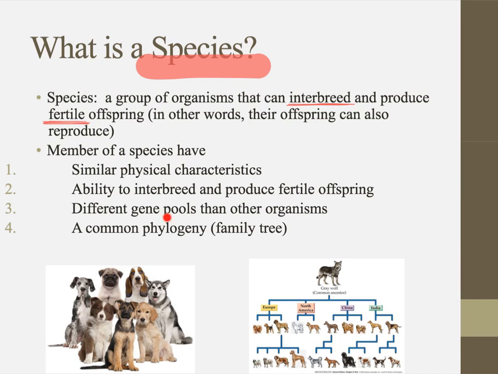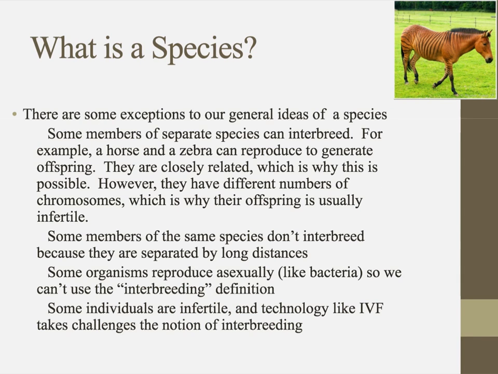Their gene pools are very distinct from other organisms, so they have different genes or different versions of genes, and they have a common phylogeny or a common family tree. But if you're asked to define a species, remember that you're talking about a group of organisms that can interbreed and create fertile offspring. We do have to be careful when we talk about what it means to be a species.